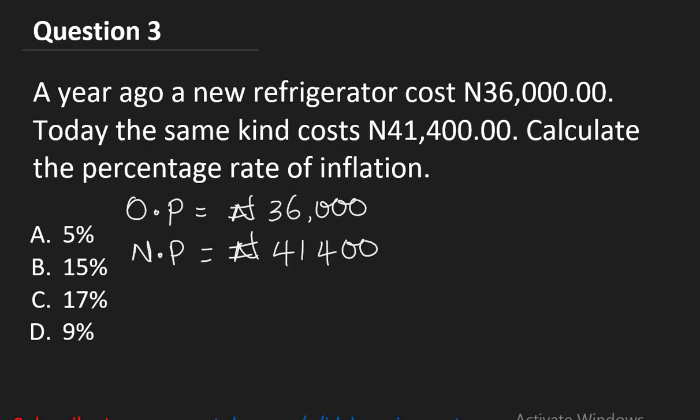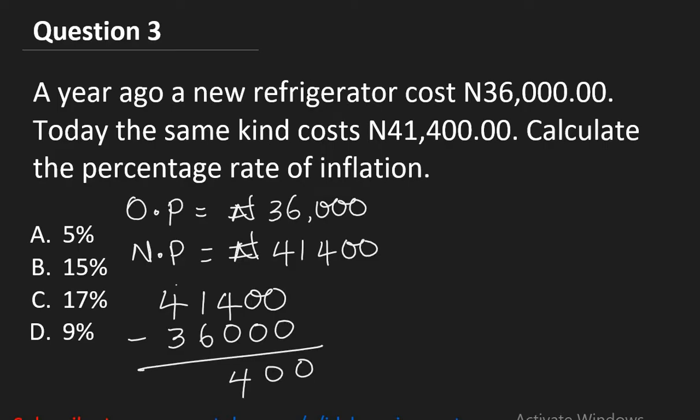So the first thing we need to do is to find the difference in the price, because the difference in the price represents the increase in price due to inflation. So the difference in the price will be the new price, which is 41,400, minus the old price, which is 36,000.